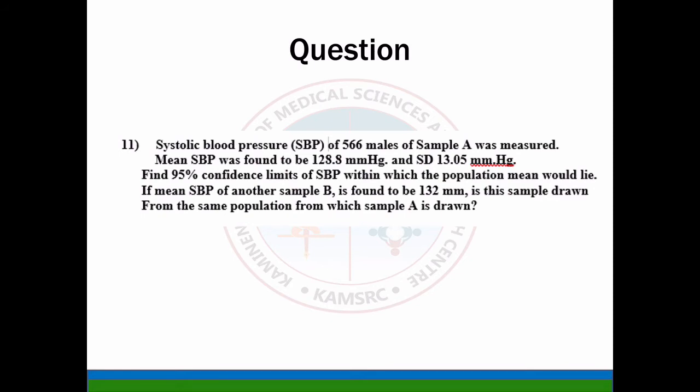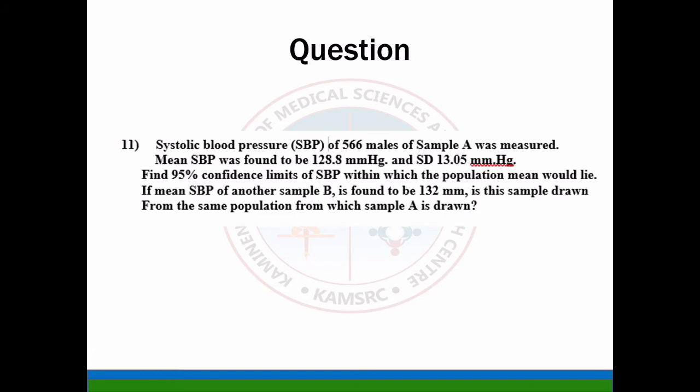Now we are going to take up a few questions and try to answer them. The first question: systolic blood pressure of 566 males of sample A was measured. Mean systolic blood pressure was found to be 128.8 mmHg and standard deviation was 13.05 mmHg. Find the 95% confidence limits of systolic blood pressure within which the population mean would lie.